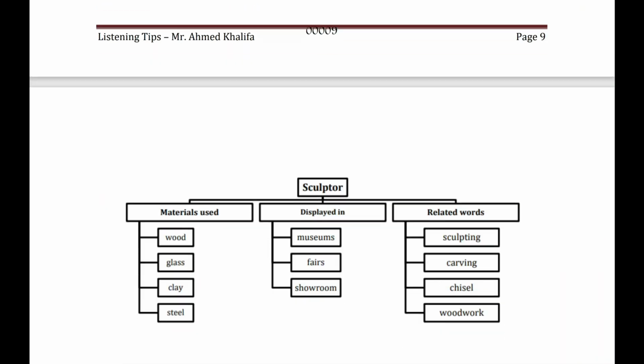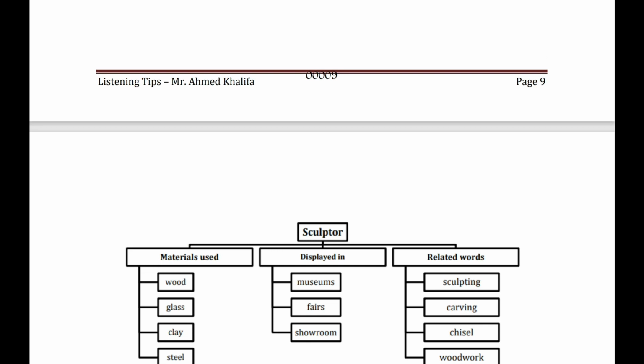There is something else. I don't know whether it's going to be good for you or not, but remember, there are some people when they listen to, for example, longer talks, longer lectures, they get confused. So in this case, we need to activate something which we call schemata.